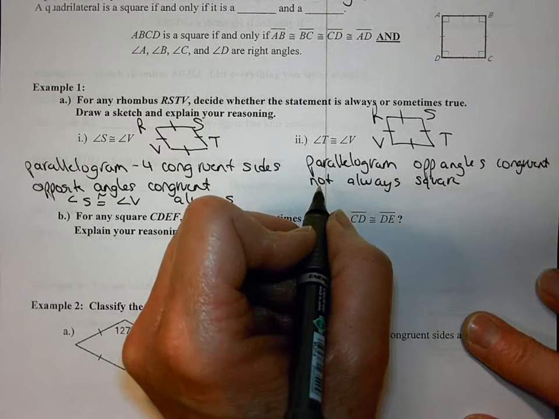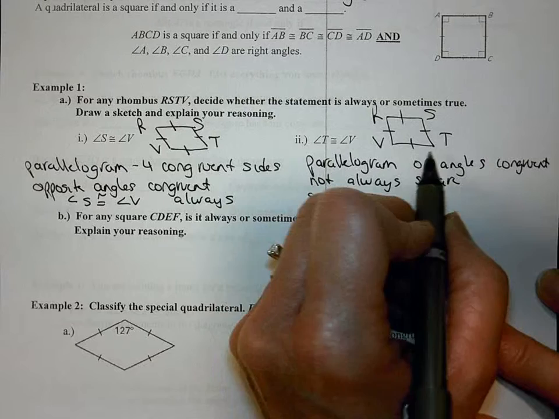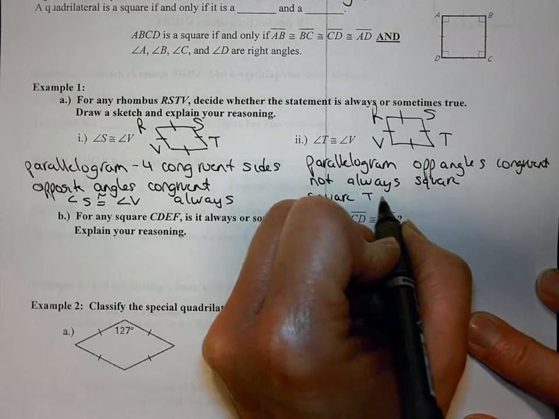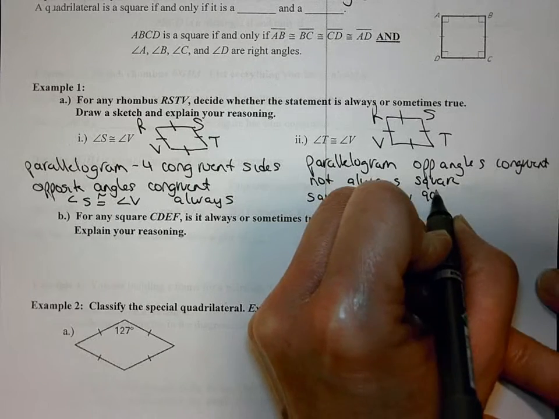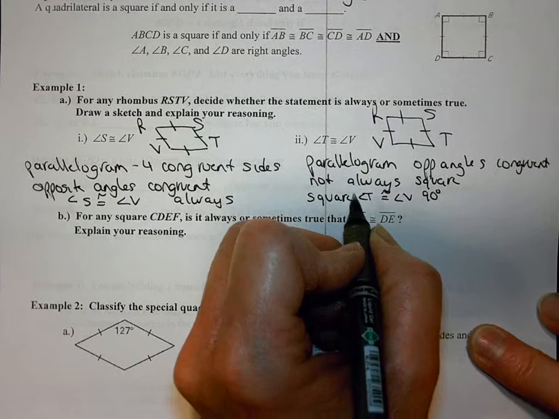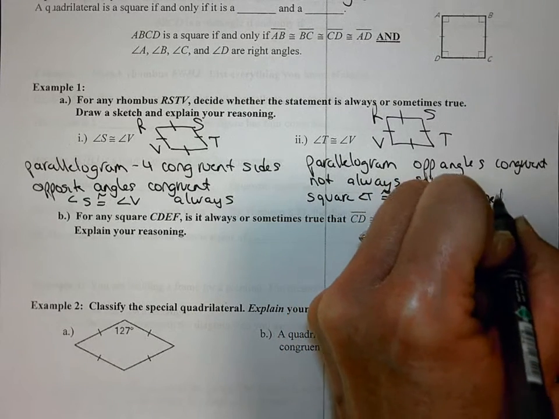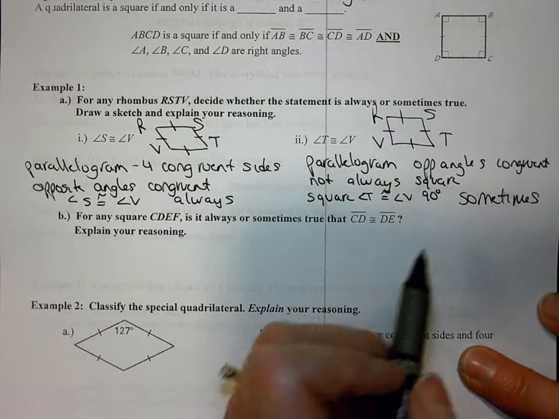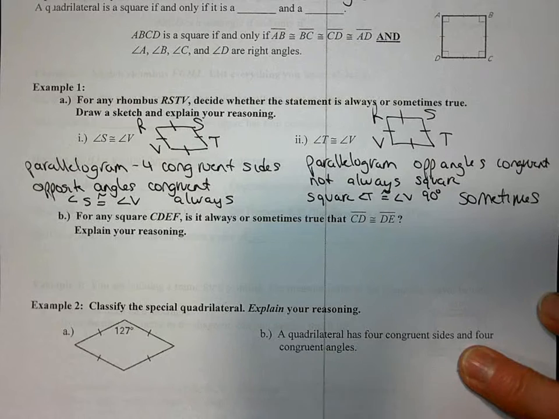So this would be a sometimes, because if it's a square, it would certainly have angle T and angle V congruent because they would be 90-degree angles. However, this is not going to happen every time because at the moment we really only know that it's a rhombus. So this is going to be a sometimes. Those angles will only be congruent if the rhombus is a square, and at this point we do not know that it's a square.